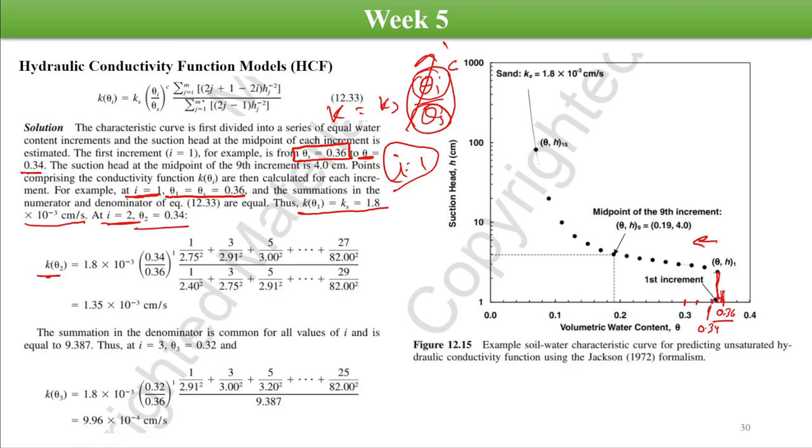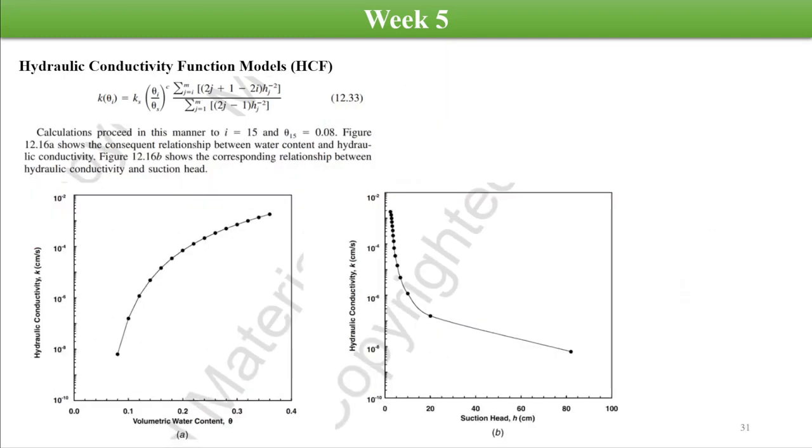The value of Ks is going to be 1.8 × 10^-3, multiplied by theta I, which is 0.34, the start of the second iteration, and the value of theta s is 0.36, the volumetric moisture content at saturation, right?